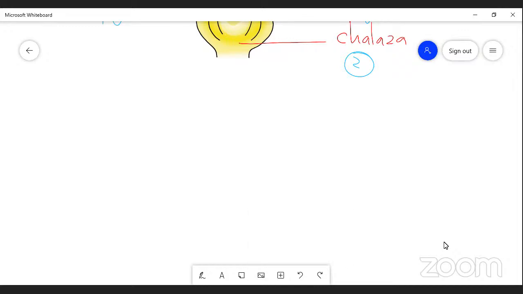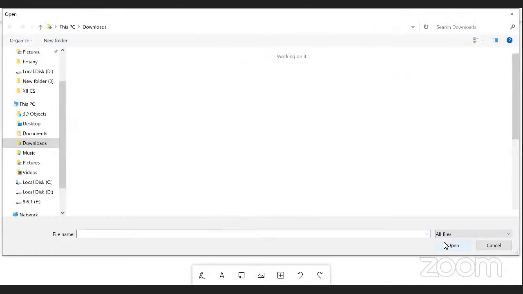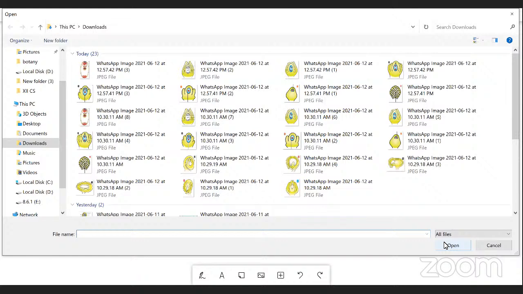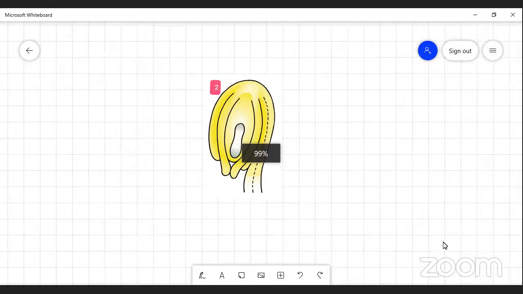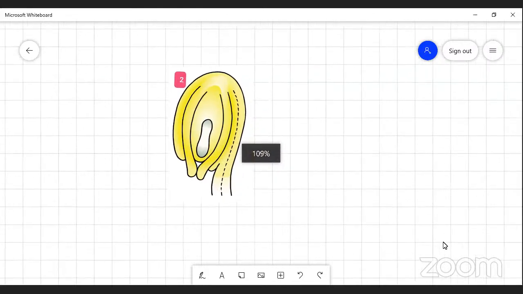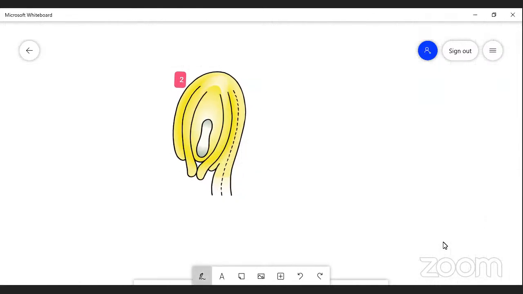Anatropous ovule is a type of ovule in which the shape of the ovule is inverted.